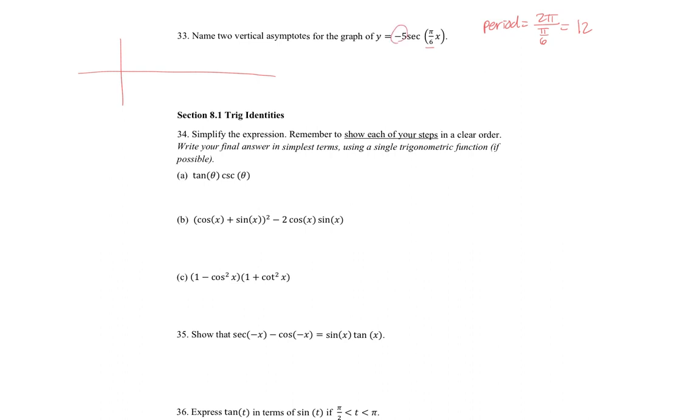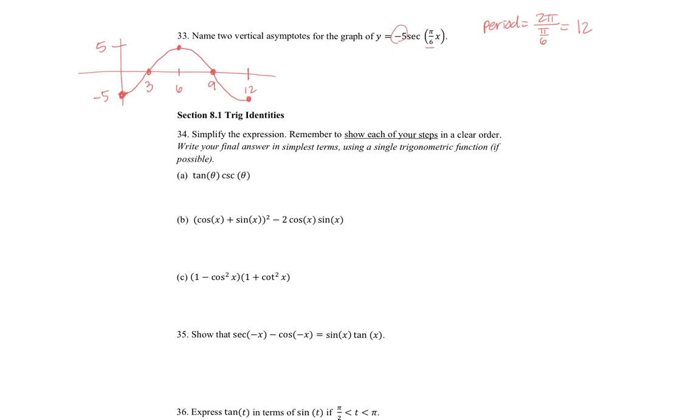It's going to be a negative cosine, and my period is 12, so I'll do 6. Okay, and then cosine is going to be flipped over, so it's going to start here at -5, and then it's going to cross through at 3, and then it's going to hit its maximum of 5 there at 6, and then it's going to cross through again at 9, and then it's going to hit its minimum of -5 there at 12. So it's going to be doing this.